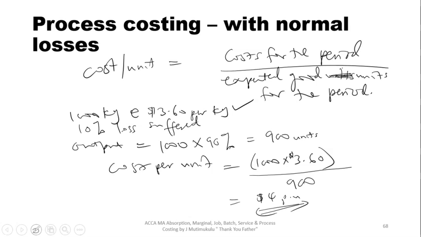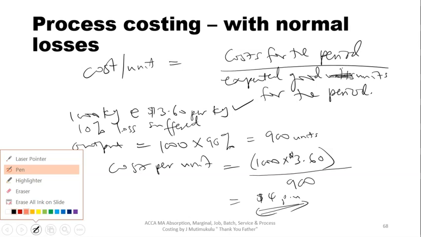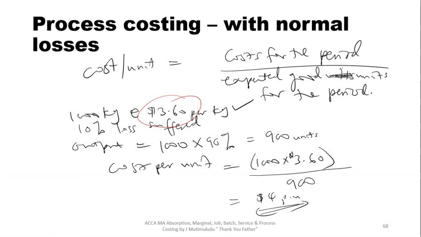Initially, they were costing $3.60 per unit, but now they are $4 per unit because of the loss which had to be incorporated into the cost of producing the product.